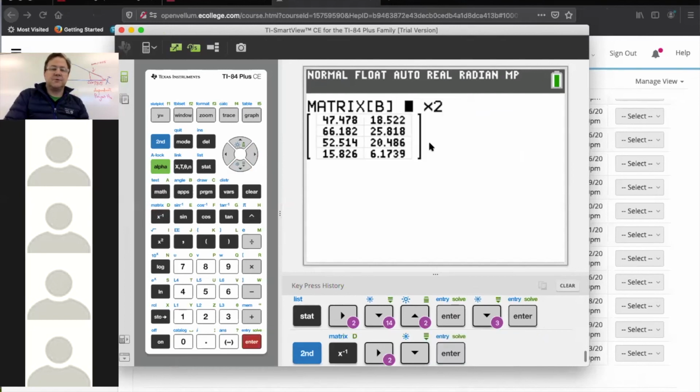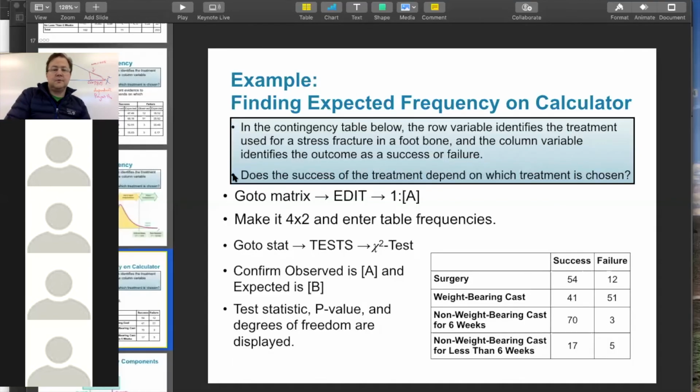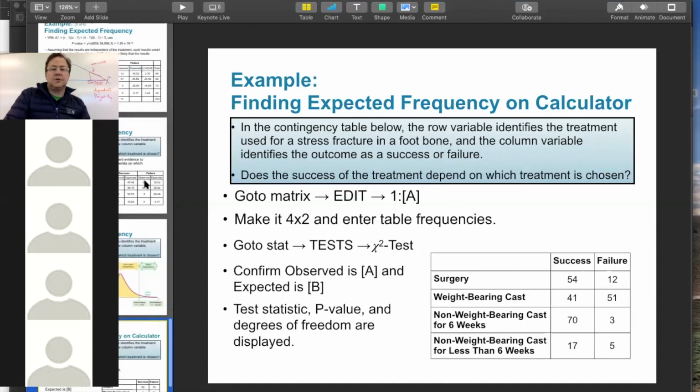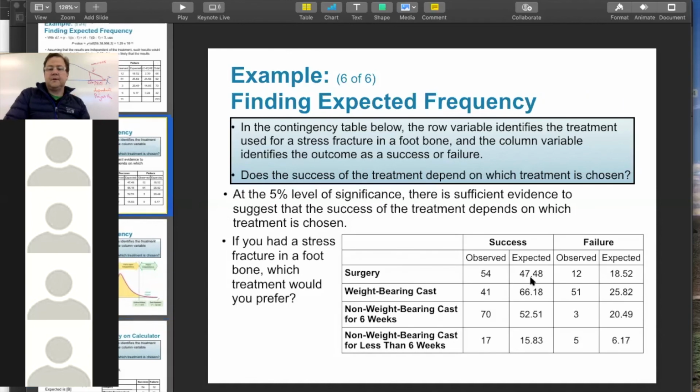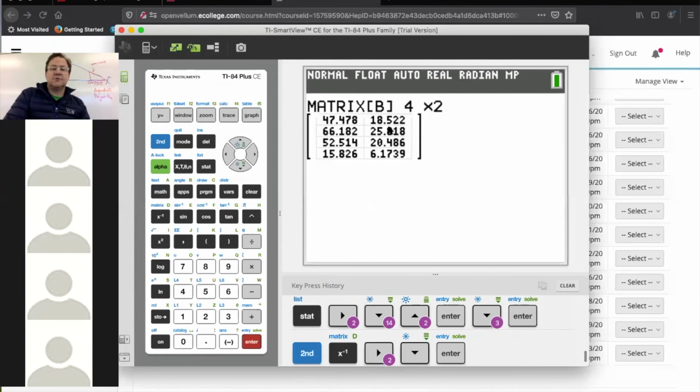I don't know if those numbers look familiar. Should though. Remember the work that was required? We never actually did all 8 of these, but we did at least 2 of these. That was the O minus E squared divided by E. And that 47.48 is what you see right here.